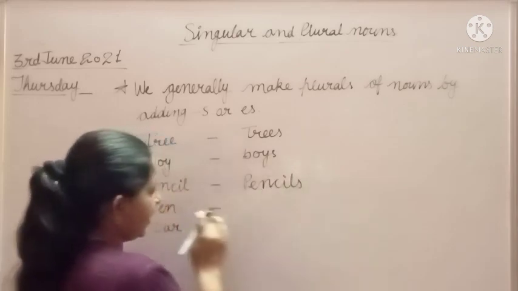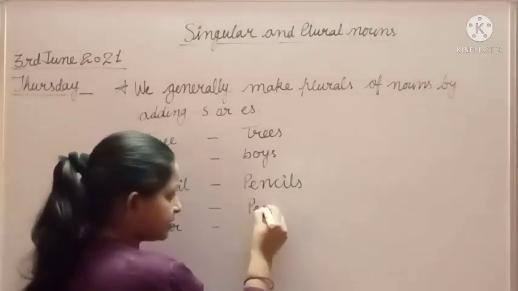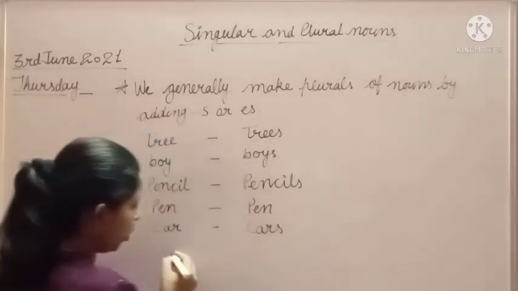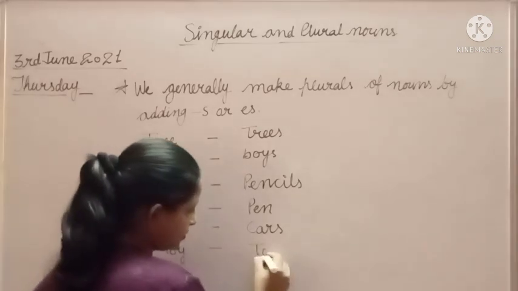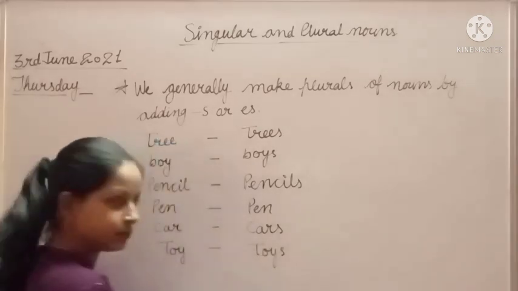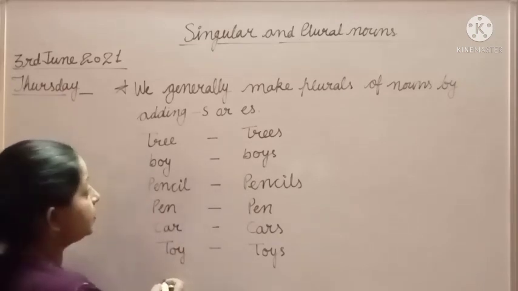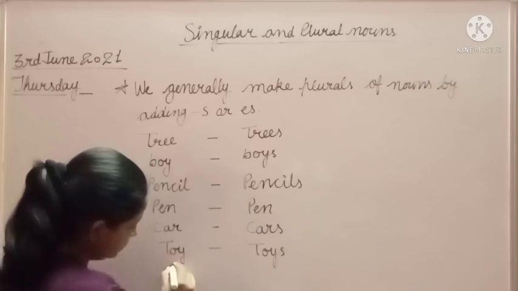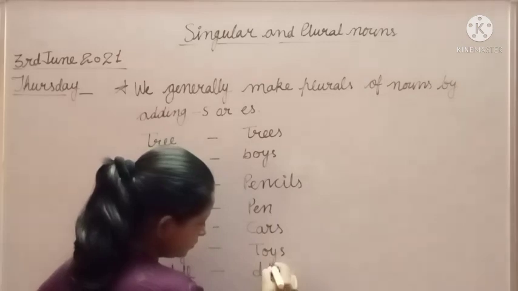We add s at the end of the noun. Pen, pens. Car, cars. Toy, toys. Doll, dolls.